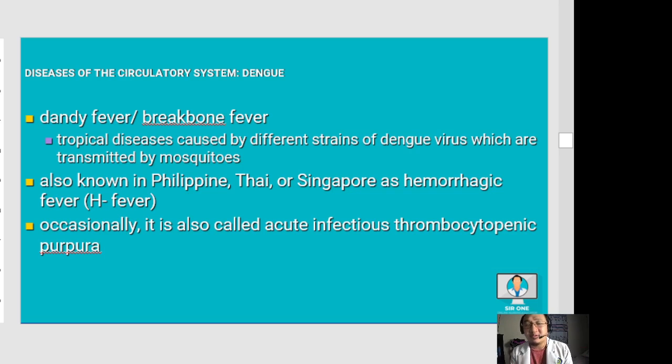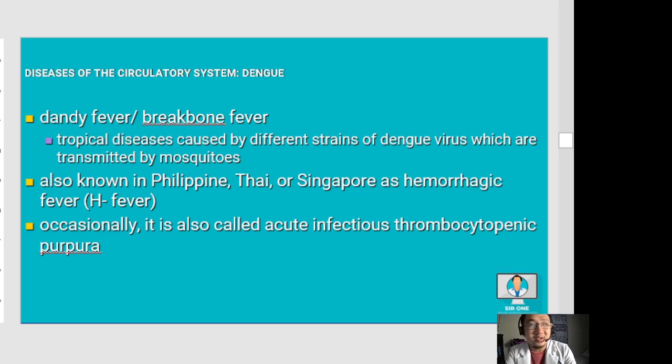Okay, so dengue is otherwise known as dandy fever in other countries, or breakbone fever. This is common in tropical areas, and it has different strains of virus. Again, it's a virus, and this is transmitted by mosquitoes, also known in the Philippines, Thailand, Singapore, as hemorrhagic fever or H fever.